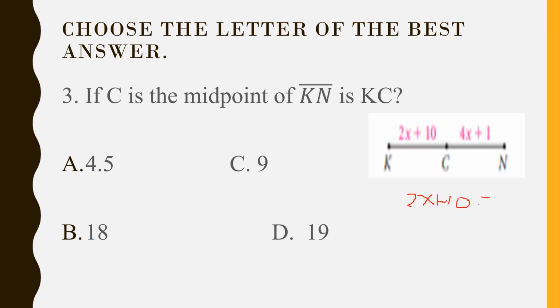So let's solve for x plus 1. We got 4x minus 2x equals 1 minus 10.